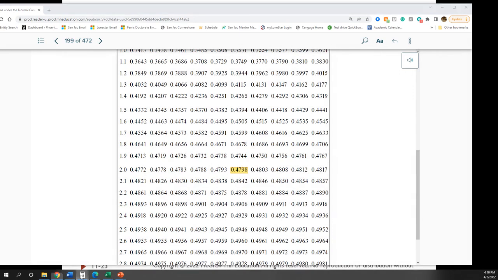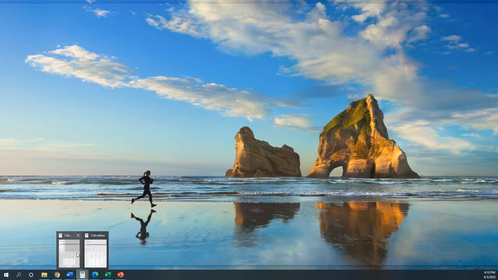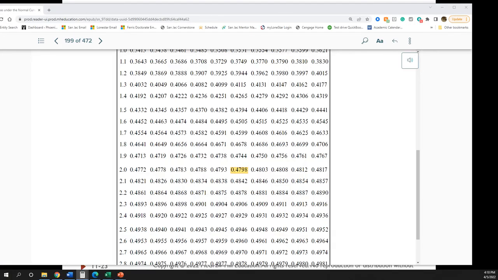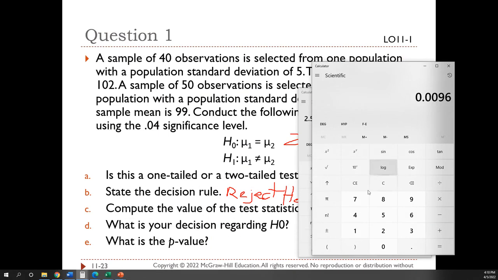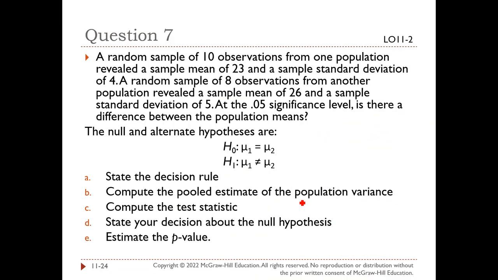So with our calculator, we're going to take 0.5, since it's always in half, minus 0.4952, then times it by 2. And there is our p-value, 0.0096. Awesome. Okay, next.